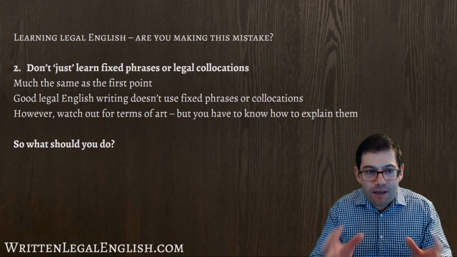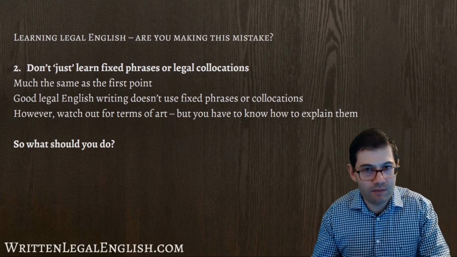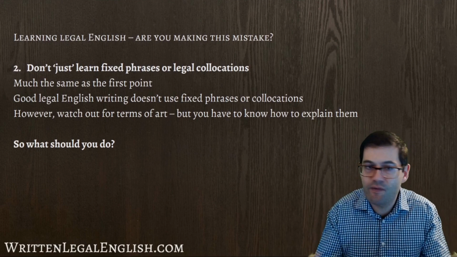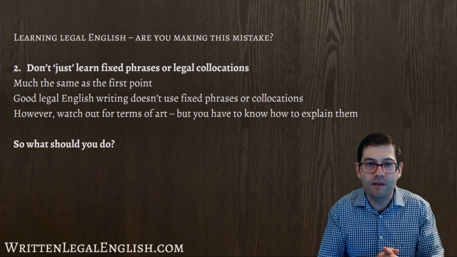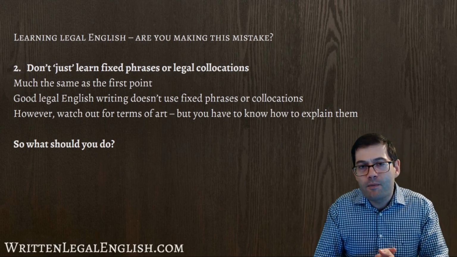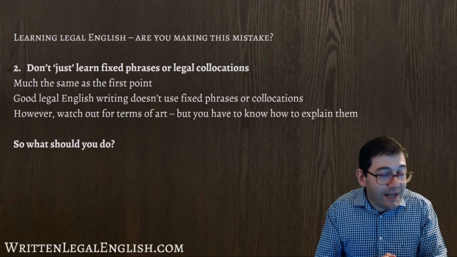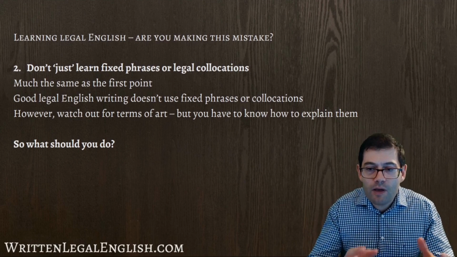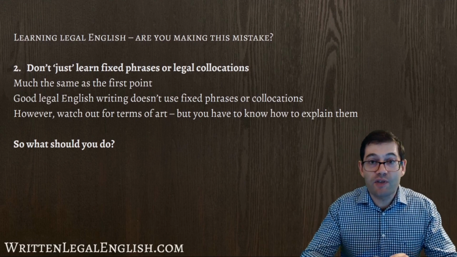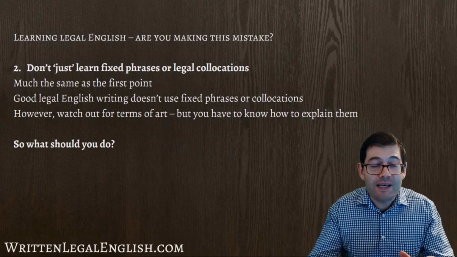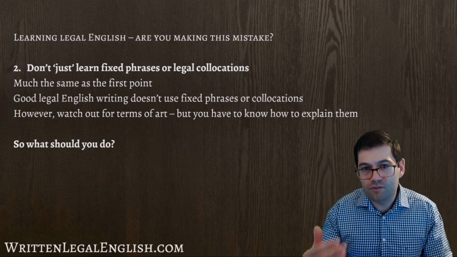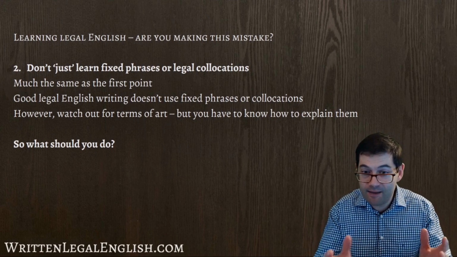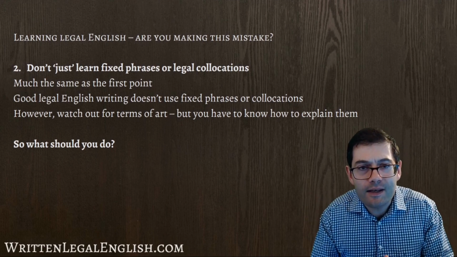So in learning these, not only are you learning them out of context, which is never any good, which is the point I was making in video 1, mistake 1, but you're also learning language which you really shouldn't be using. So this is a bad idea. Why would you learn something which is now going to be considered, in many cases, as bad legal writing? So I strongly advise against just learning these and thinking, okay, I'm learning legal English.